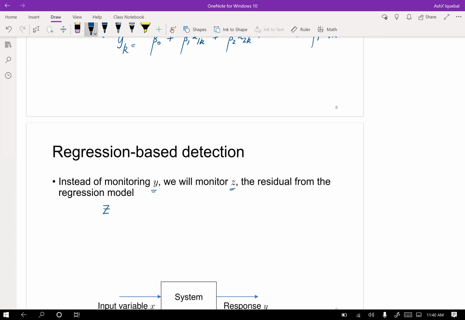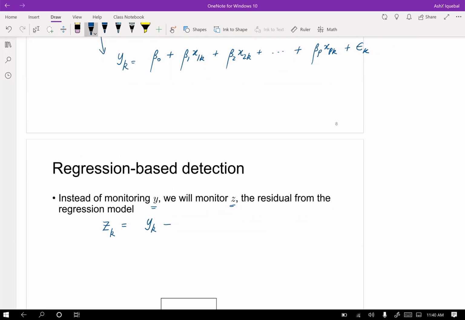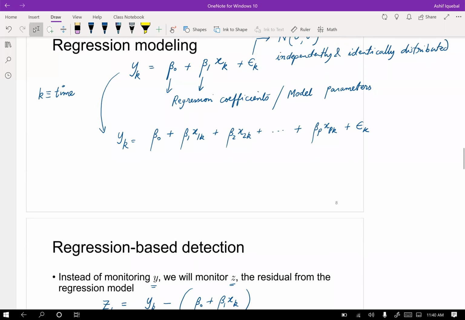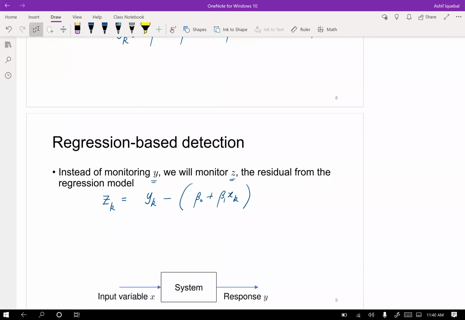At any given time k, zk is equal to yk, which is our observation, minus beta naught plus beta 1 xk, right? I'm just considering one variable right now. This is our model with one variable, and zk is nothing but your epsilon k. Does it make sense?